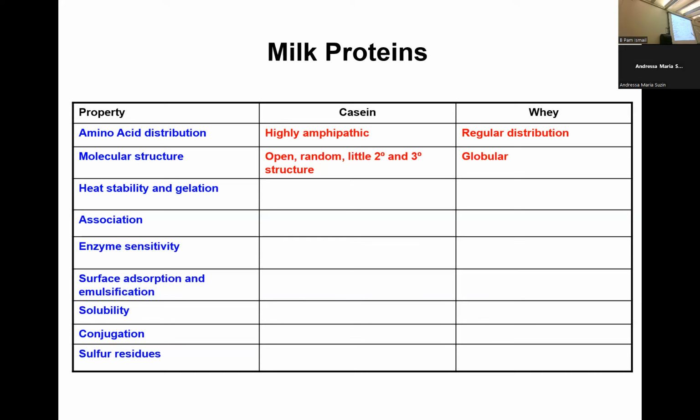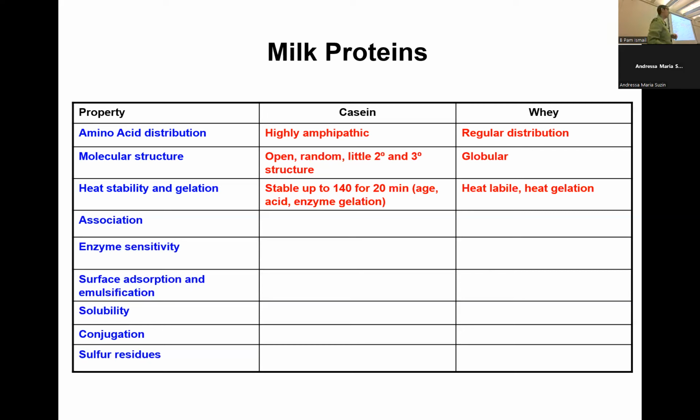Casein is more heat stable, yes. So what causes destabilization in casein? What external factors cause destabilization? Let me relieve you, we're getting to the end. We have age gelation, and over time, a lot of things happening.